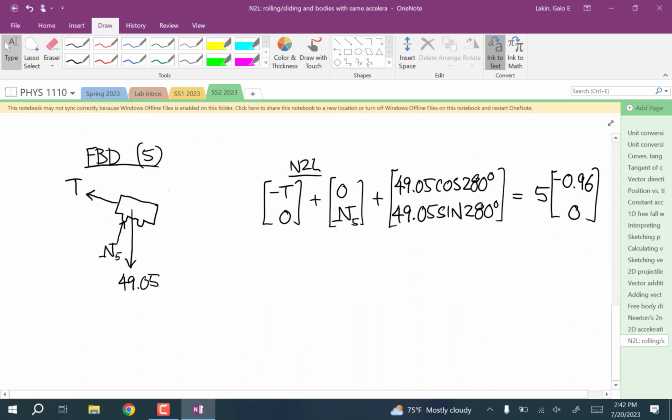Okay, so let me rewrite this Newton's second law equation.